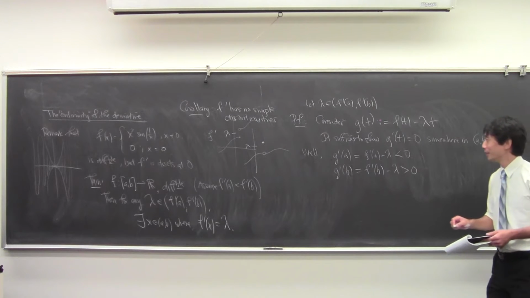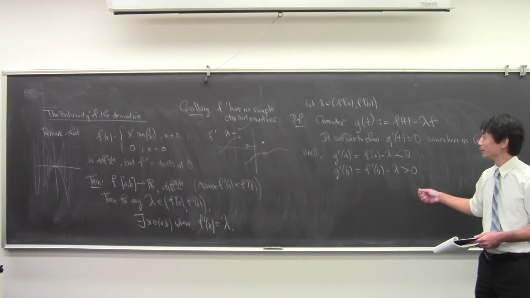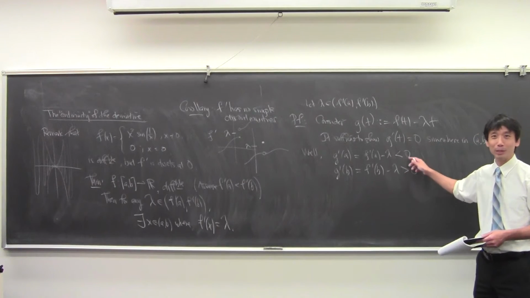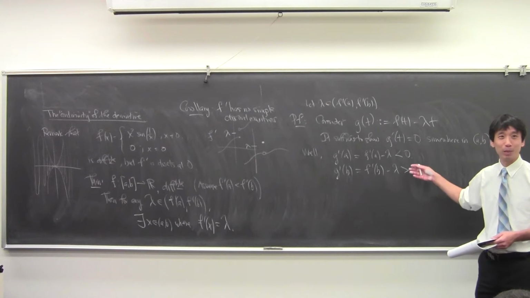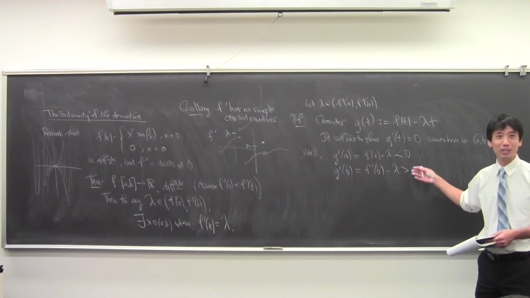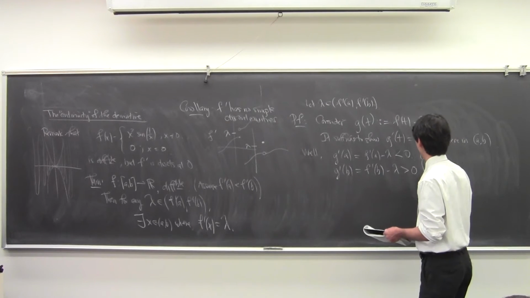Okay. And now I don't want somebody to say, I hope nobody's going to say, so g prime must be 0 somewhere in between. Right? That would be wrong. Because that would be assuming that g prime is continuous, right? We're not saying that g prime is continuous, right? Okay, so we're not going to say that.